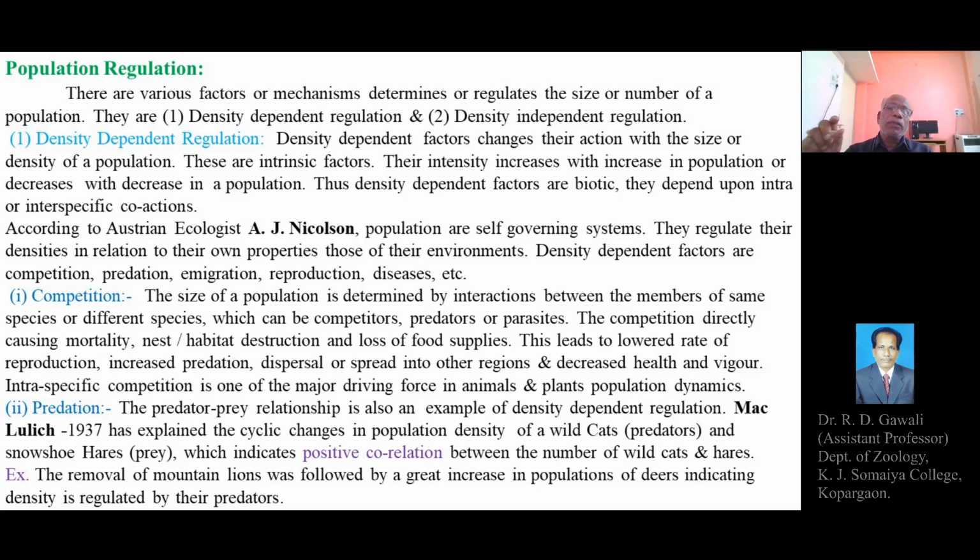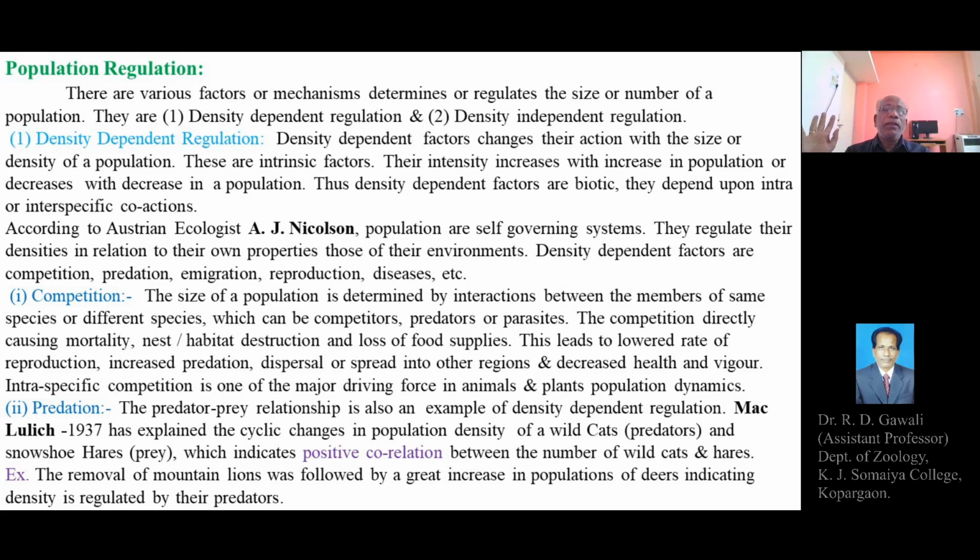Competitors means the individuals of the population, belonging to the same or different species, interact with one another, increasing or decreasing the number of individuals of the population. They can be competitors, predators, or parasites.